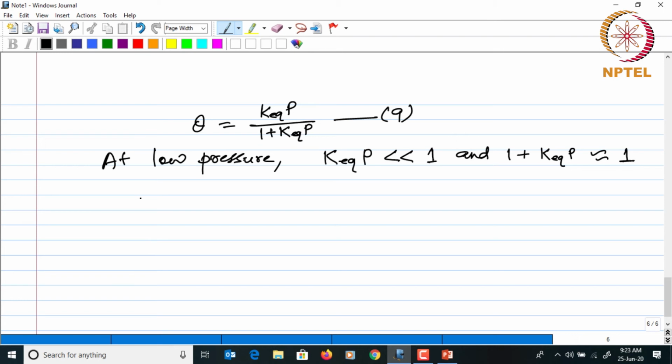On the other hand, at high pressure, this is much higher than 1.